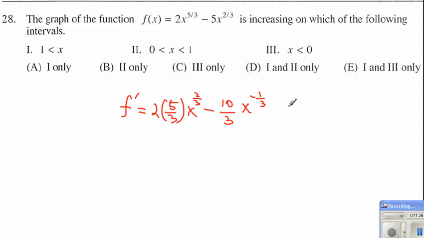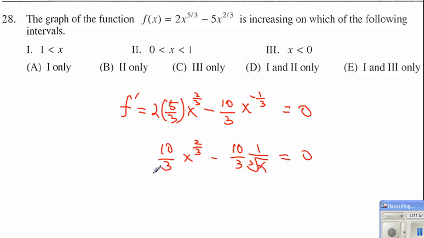Now, this one has to be equal to 0 to determine what's going on. If I were to rewrite it, 10 over 3 x to the 2/3 minus 10 over 3 times 1 over the cube root of x is equal to 0.